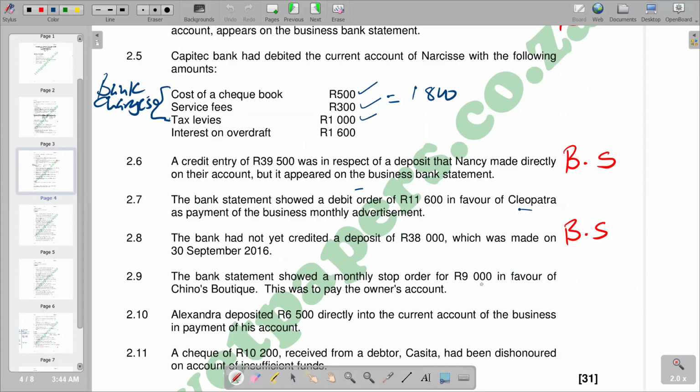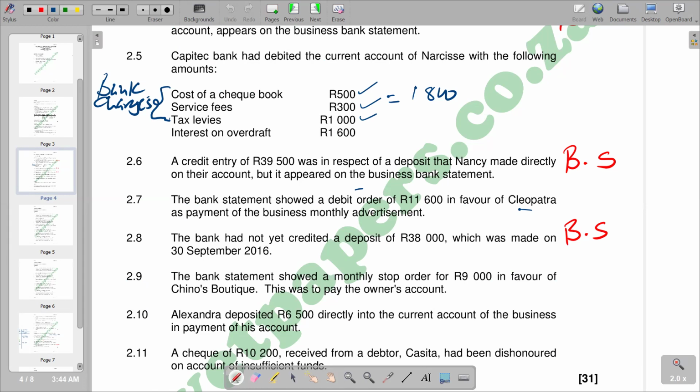The bank statement showed a monthly stop order for 9,000 rands in favor of Chino's boutique. This was to pay the owner's account. So basically, this is the treatment that we did for a debit order. Debit orders and stop orders will be appearing on the bank statement, but in the cash book, they have to be updated because the business can only get to know about them when they get the bank statement.